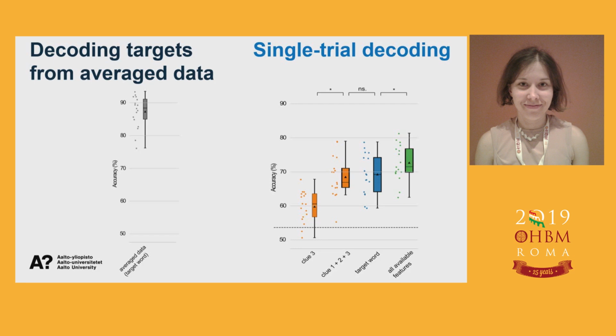As you can see in green, the highest decoding accuracy was achieved for the model where we used all semantic coordinates, combining a rich set of object features, and not only those that were presented to the participant. This model performed significantly better than the model using the target word, or the combination of the clue words, or the clue 3 alone.